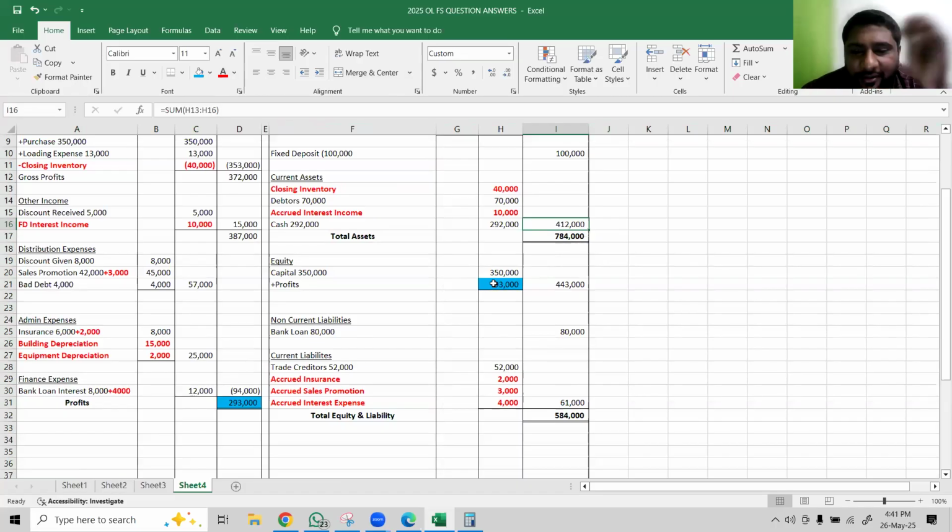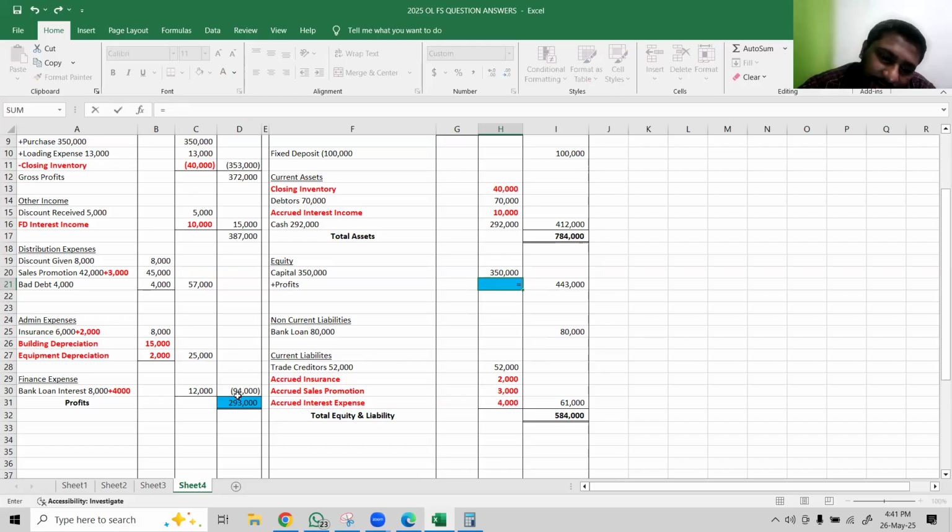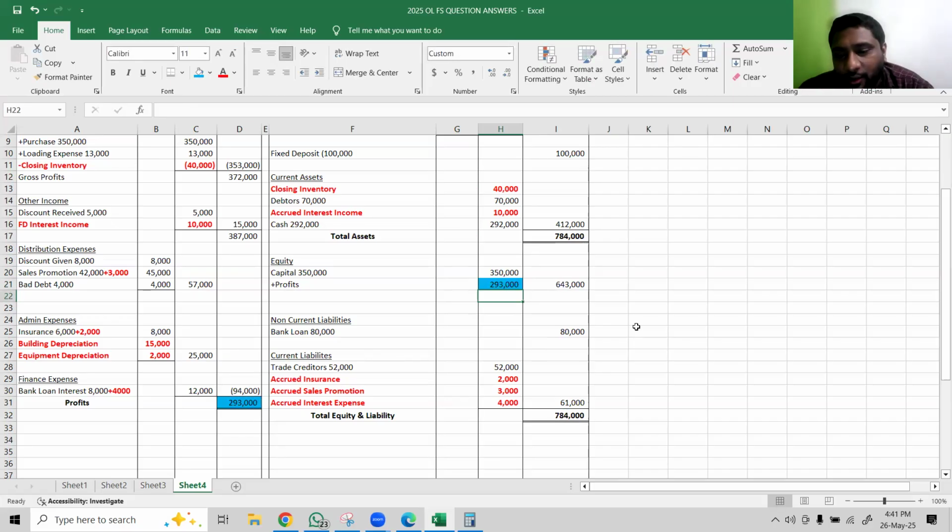Okay. Found the issue. Look at this figure. The profits are 293. Here we have taken only 93,000. Profits are 293. We have recorded only 93.